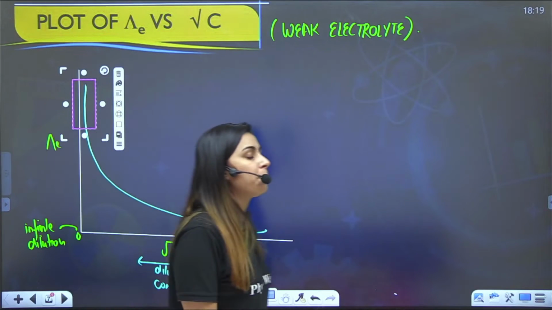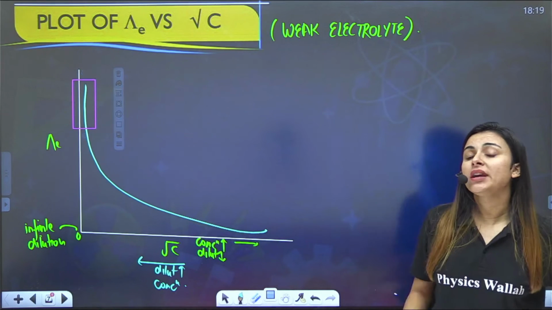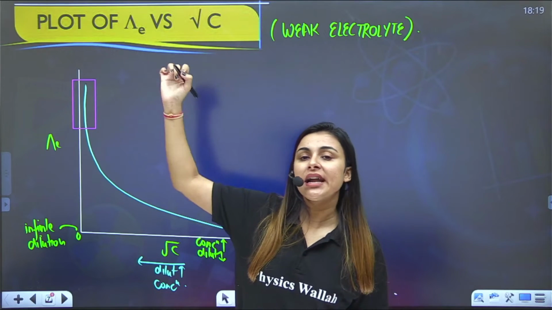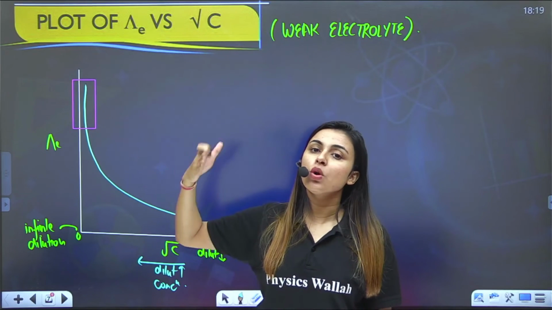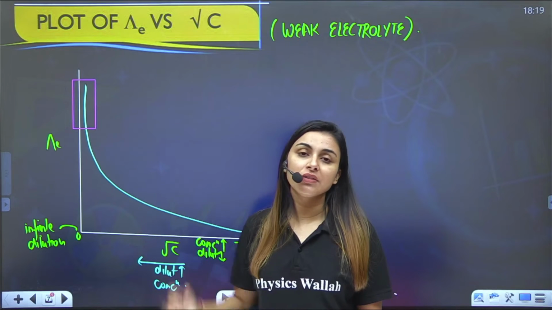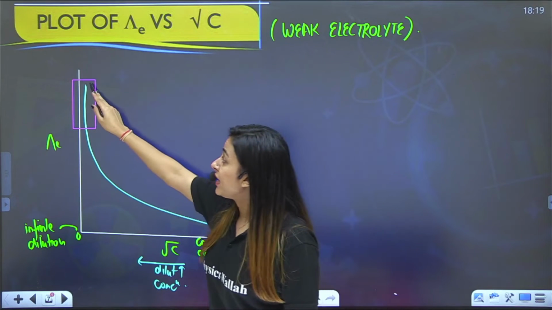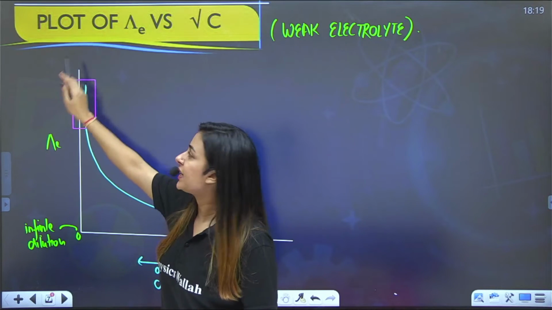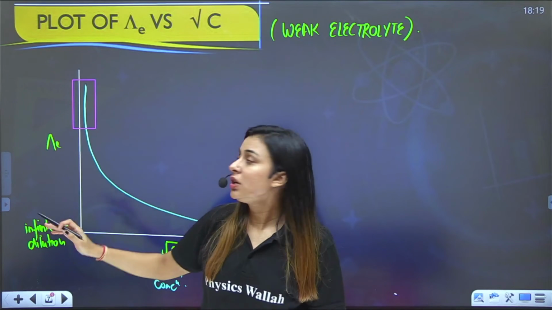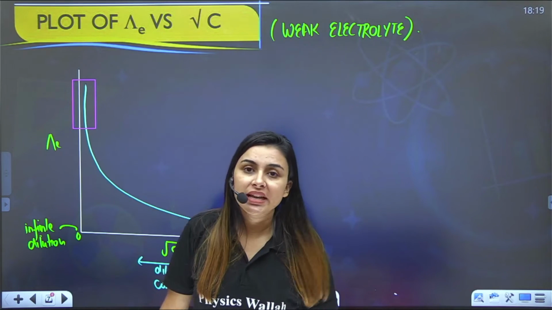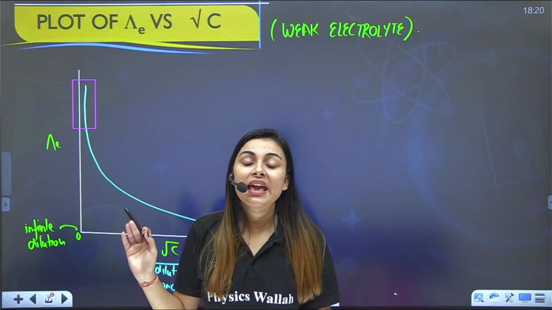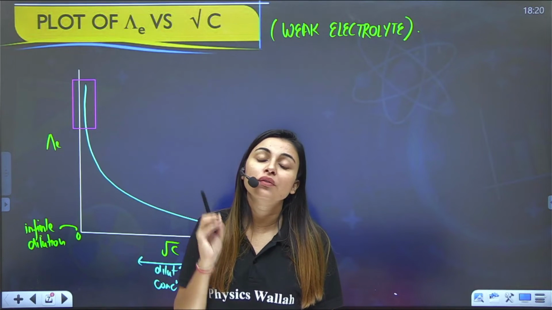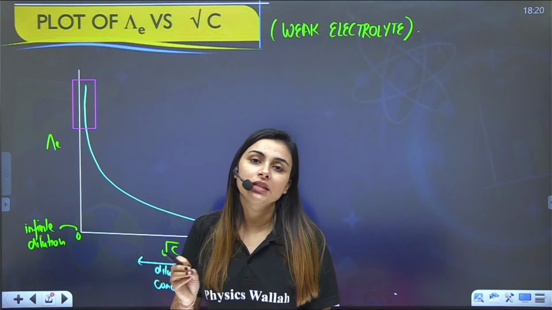this actually goes parallel, but in the case of strong electrolyte we could extrapolate and we could see what would be the equivalent conductivity at infinite dilution. But if I extrapolate it here, it is parallel to the equivalent conductivity axis, and I can never ever get the equivalent conductivity of a weak electrolyte at infinite dilution.